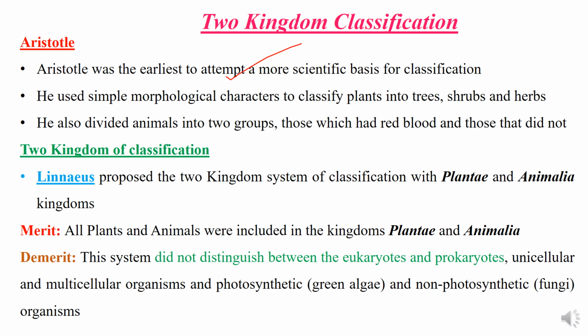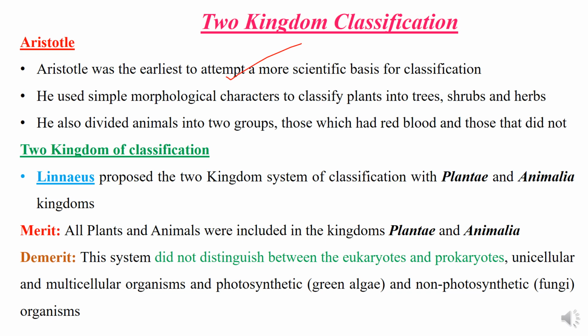So we have to remember this point that Aristotle gave emphasis on morphological characters to classify plants into trees, shrubs and herbs, and he is the first person who attempted a more scientific basis for classification.